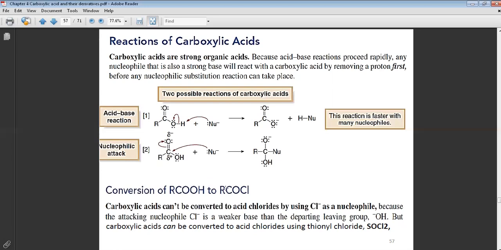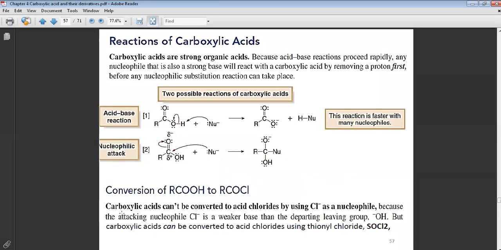We know that. But by using special reagents, special reactions, sometimes the less reactive compound can be converted to the more reactive one.